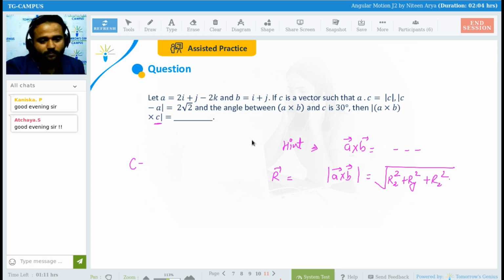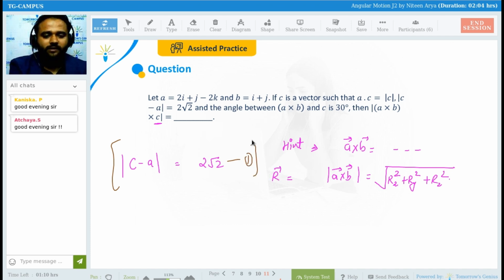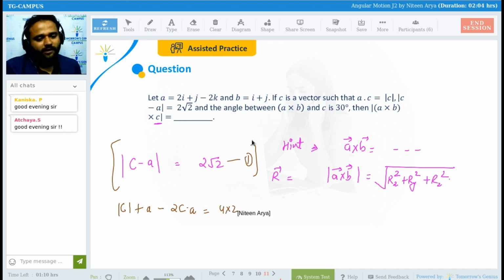I know the magnitude of C minus A. So when I square this given thing, equation 1, that is simply the magnitude of C squared, the magnitude of A you can find from here also, and then minus 2 C dot A, which is 4 into 2, it becomes 8. So from there you can find the magnitude of C alone.